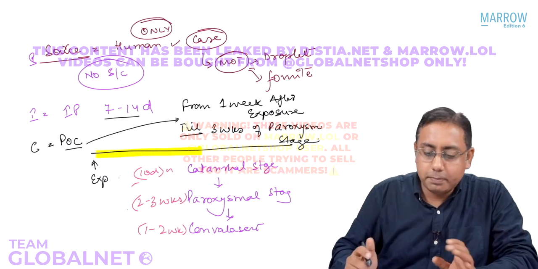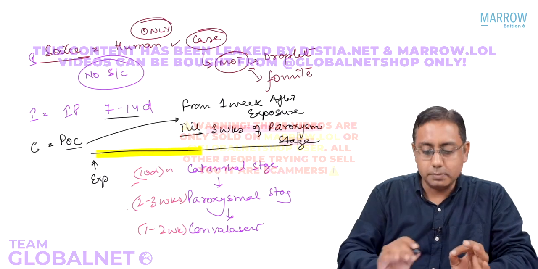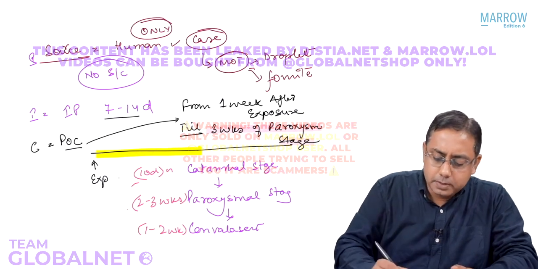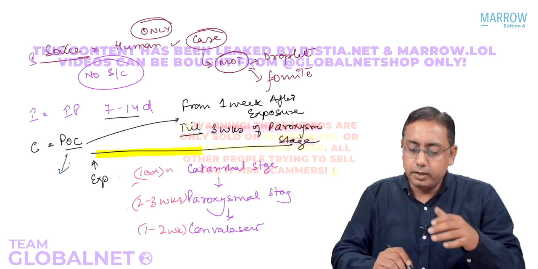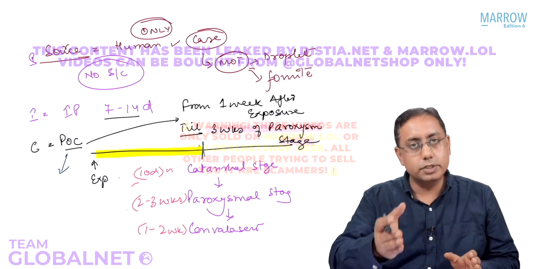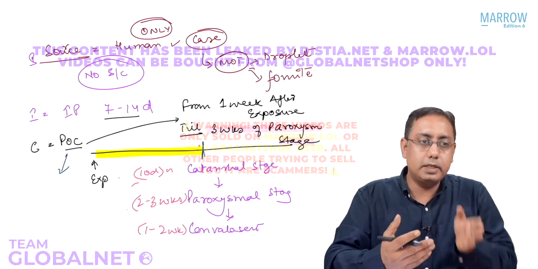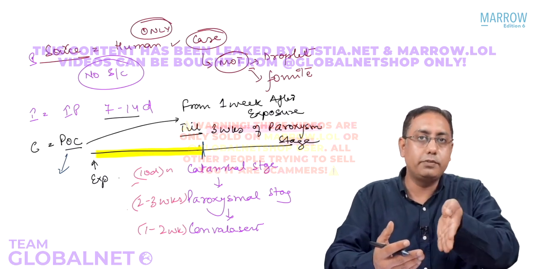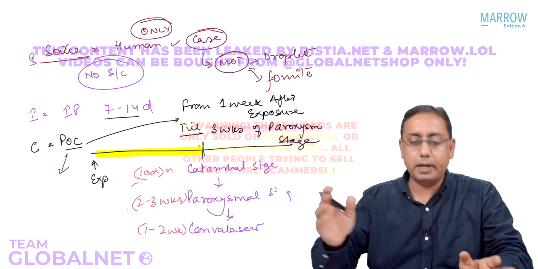When is it maximum communicable? Please remember, it is maximum communicable in the paroxysmal stage. This has been an MCQ so many times, that the period of communicability is very long. It starts from the onset of disease, and it ranges from the catarrhal stage through the paroxysmal stage.